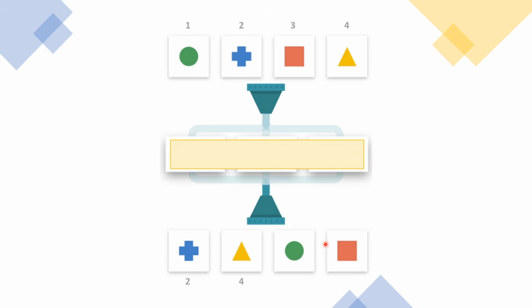So my next number in my solution should be 1. And finally, in the 4th spot is the square. So I go back to the top, find where the square is. We can see it's number 3, and so 3 is my last number.